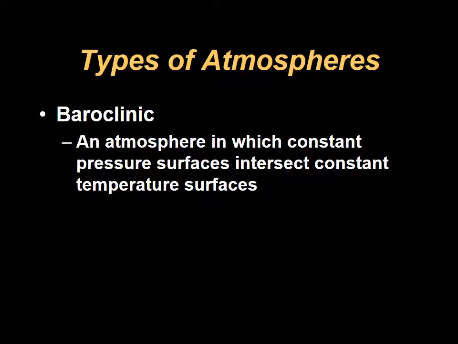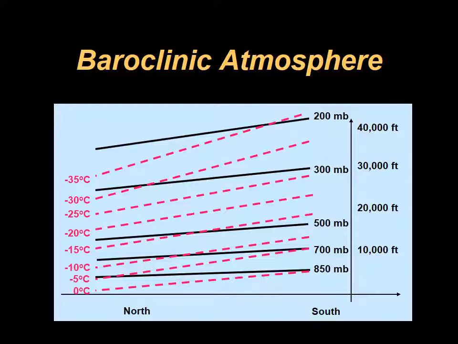Now, a baroclinic atmosphere is one where constant pressure surfaces intersect constant temperature surfaces. So if we're looking once again at a cross-section of the atmosphere from north to south, you know that to the north it's much colder. You can see these temperature lines, isotherms, intersecting these pressure lines.